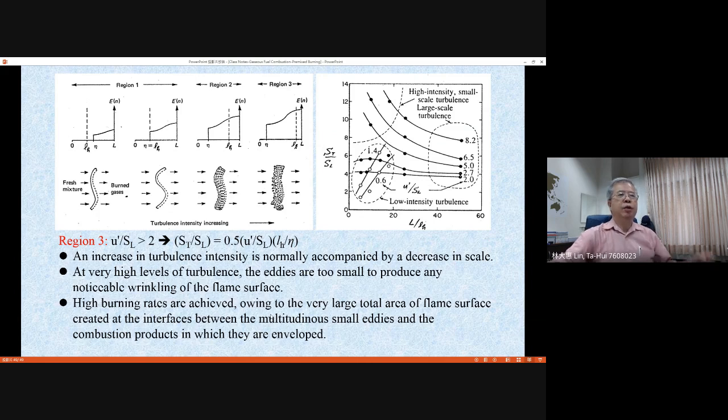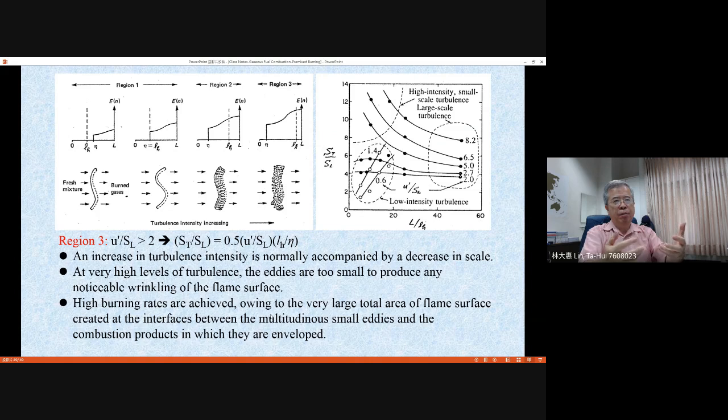That means that when you have a lot of small eddies, including eddies coming from the upstream side that have some fresh mixtures, and eddies from the downstream side that have products, they penetrate into the reaction zone, the flame zones. They can broaden the flame thickness, and they will also increase the total area of the flame surface, and they can interact with each other.